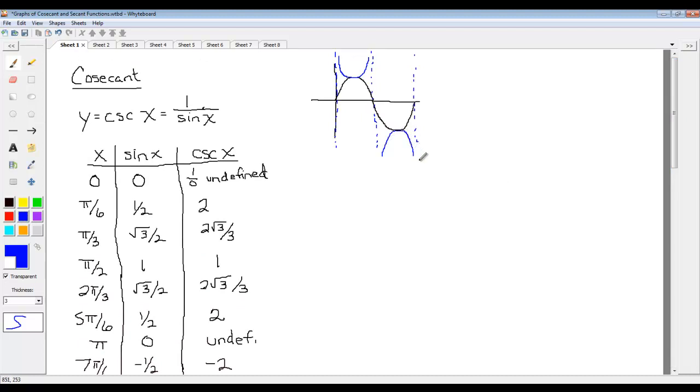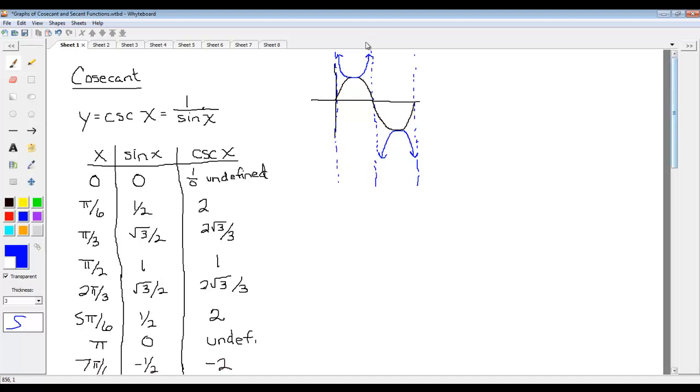And in fact, if you got finer values here between 0 and pi, if you looked at smaller values in there, you see that this curve just keeps heading up like this. And if you got finer values between pi and 2 pi, you see that this curve keeps heading down like this. But the curves never cross those vertical asymptotes.